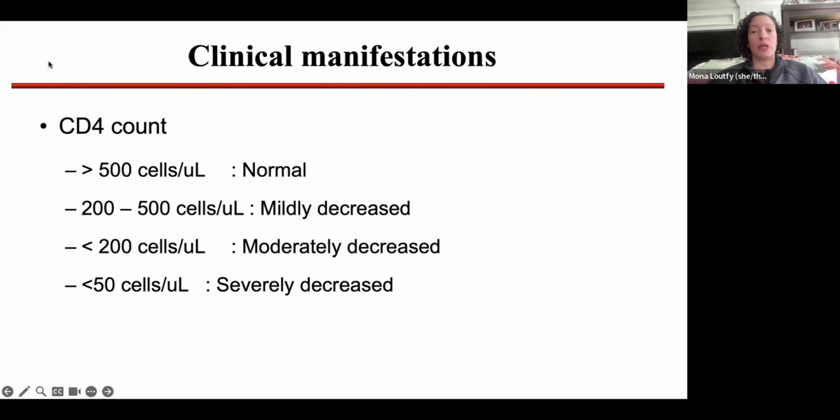That's when we worry people are going to get pneumonias and different diseases and end up in hospital. Those diseases are called opportunistic diseases or opportunistic infections because they have the opportunity to grow with a suppressed immune system. And if someone's CD4 count goes below 50, then it's severe immunosuppression, and their life expectancy would be about a year.